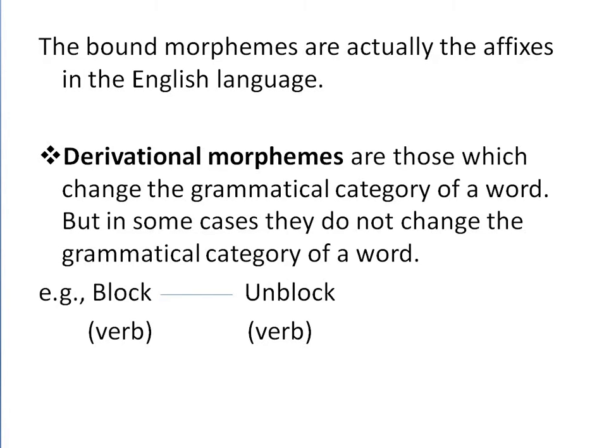Unblock is a word and un is a morpheme. So by addition of un, we have derived another word from block to unblock, but the grammatical category of the word is the same. Block is a verb, and grammatically unblock is also a verb.